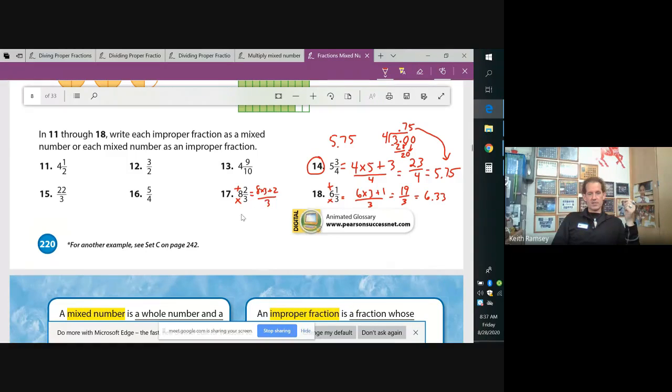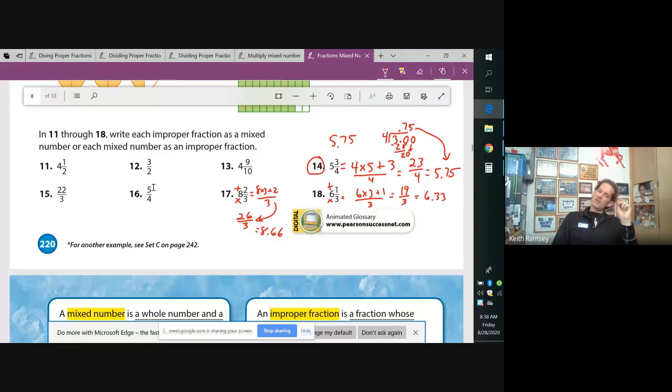I know 8 times 3 is 24 plus 2 is 26, and the denominator stays the same. So this is equivalent to $8.66. 26 over 3, or 8 2/3.